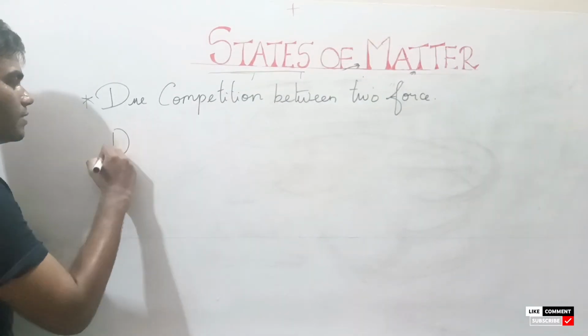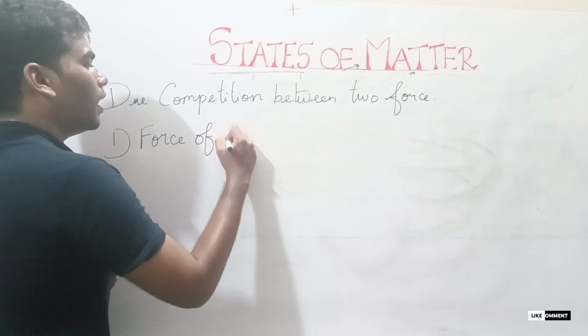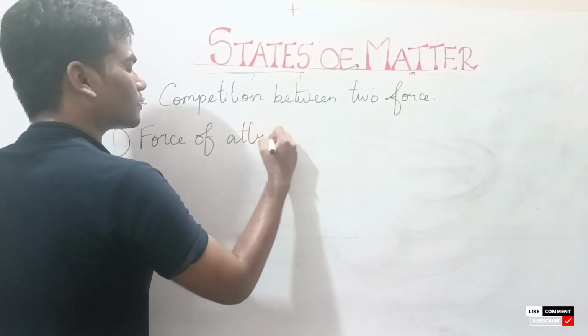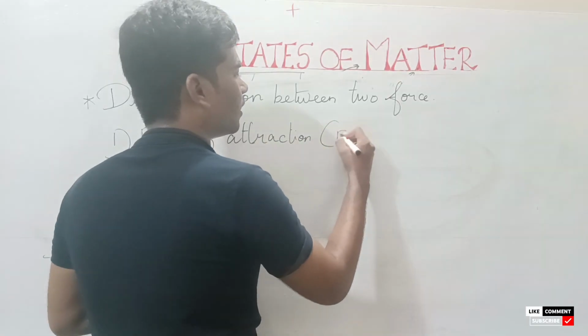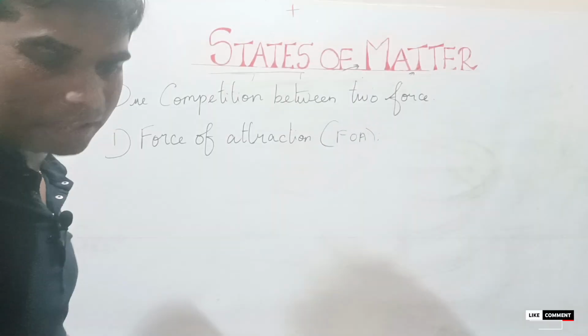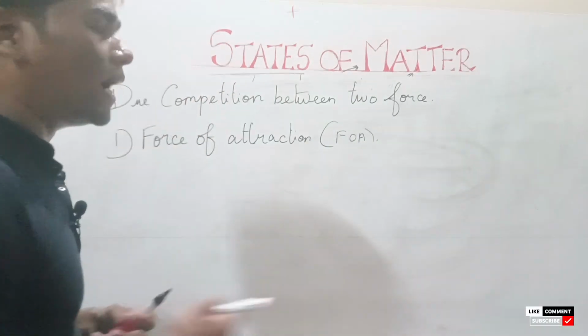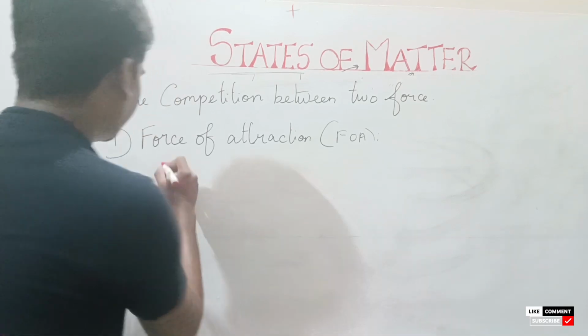The first one is force of attraction. We can also denote it as FOA. This force of attraction will make the particles be close to each other. Let me write it here.